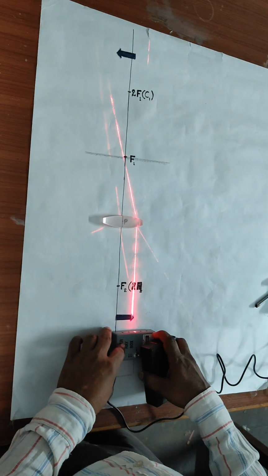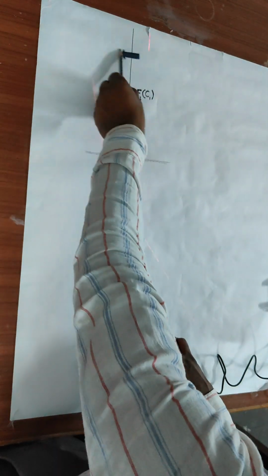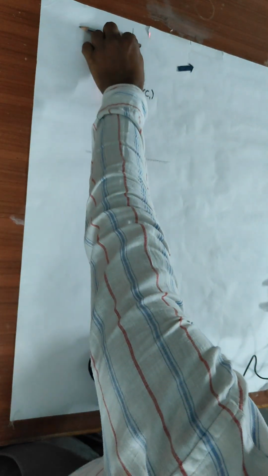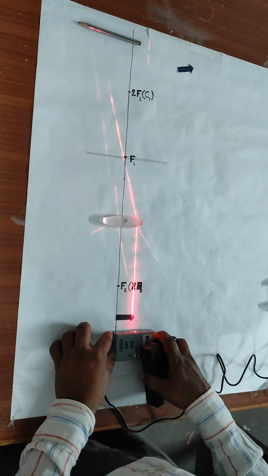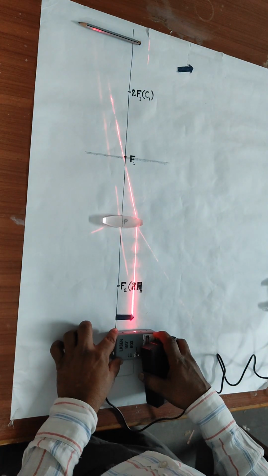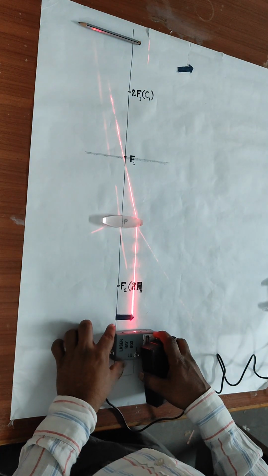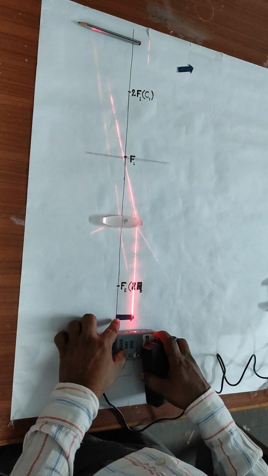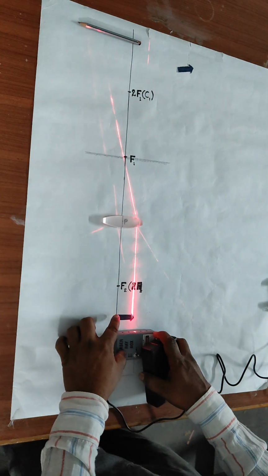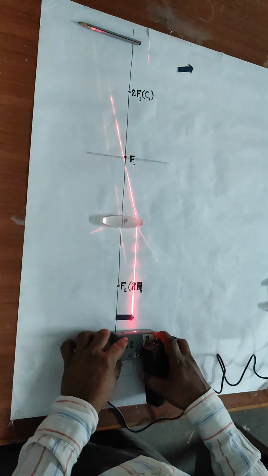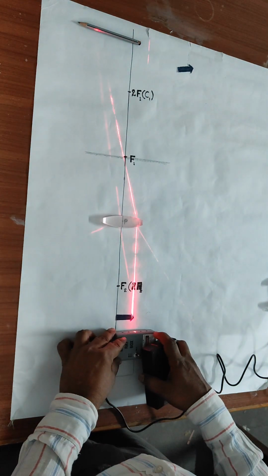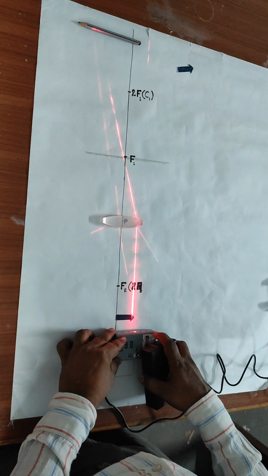See the size of the image like this. The size of the image is larger than the object, and it is an inverted image and a real image.